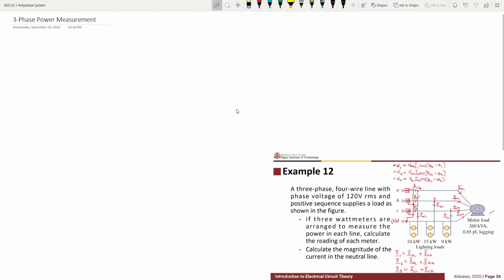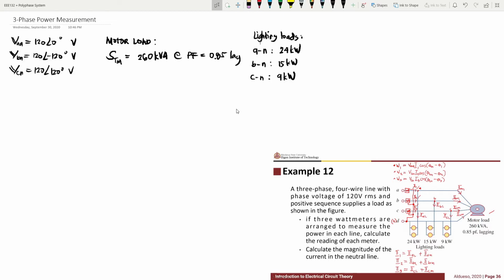Next, let's list our given values. Now, since we are given the total apparent power for the motor load and the PF, we can get the total complex power. Total complex power is just 260 with angle of positive 31.79 degrees kVA.